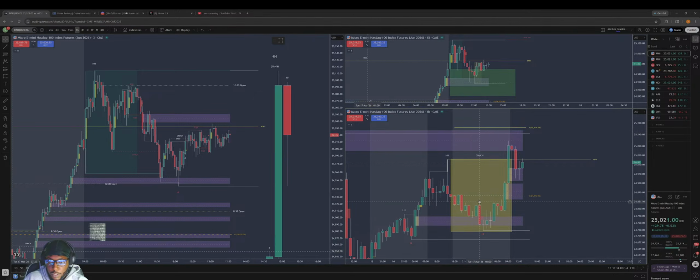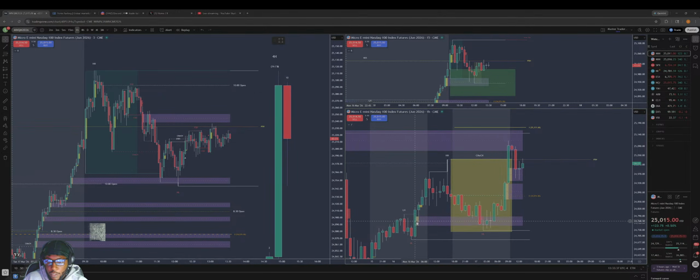This is what the market did overnight. The good thing about learning how to read price and understanding what the market did previously is that it can give you an idea of what it's going to do when you come into the market. So we're looking at this overnight price action.